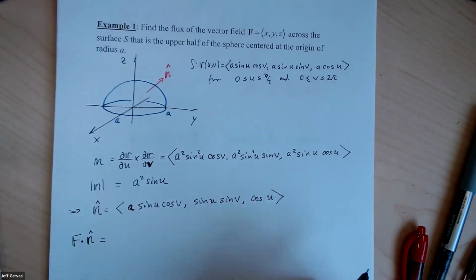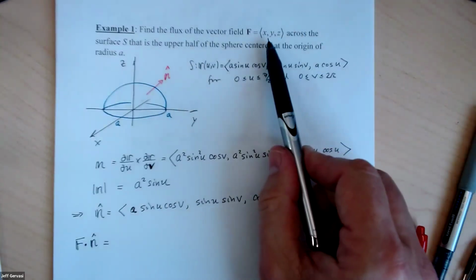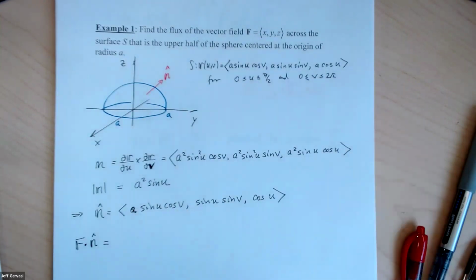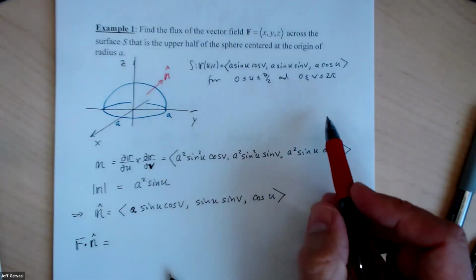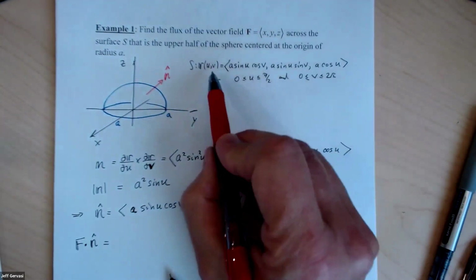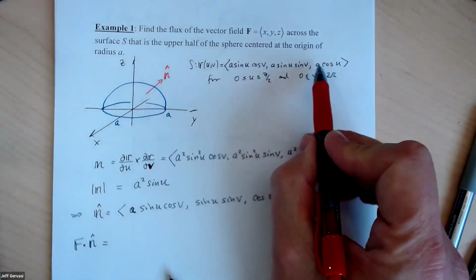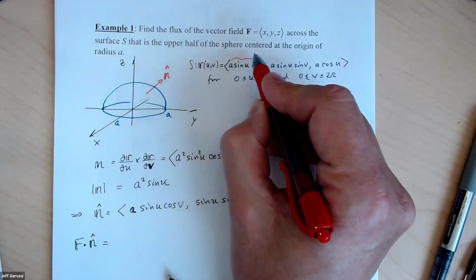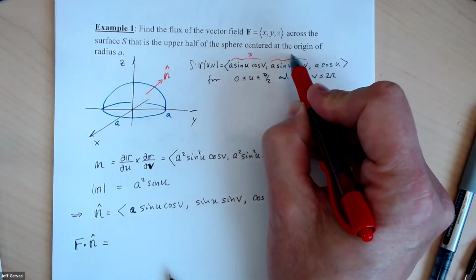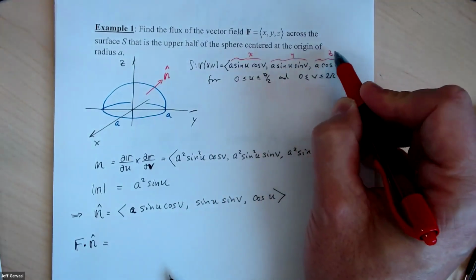Now remember everybody that the vector field is right here. It's a radial field: x, y, and z. So I need to replace the x, y, and z with their parametric counterparts, which I get from the parametric representation of the surface.